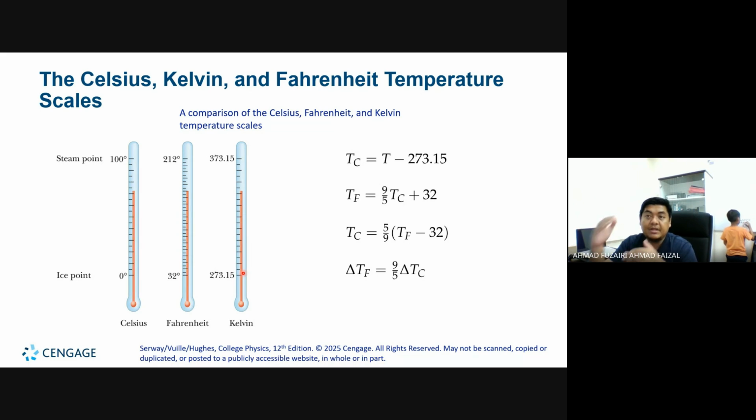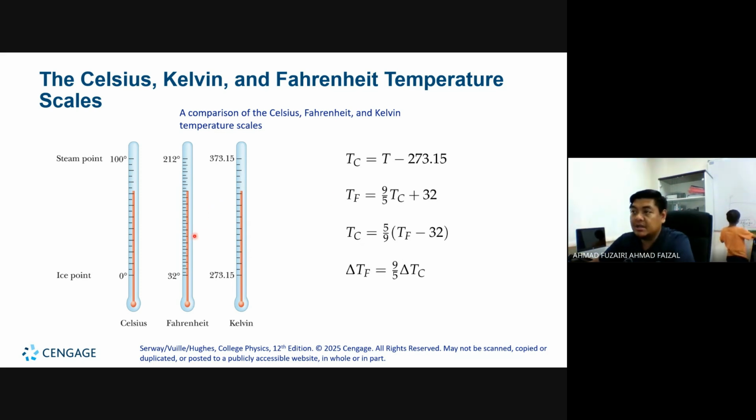So if you want to get from Celsius to Kelvin, you just add 273.15. If you want to convert from Celsius to Fahrenheit, you can use this equation: 9 over 5 times the temperature in Celsius plus 32, so you get the temperature in Fahrenheit. To convert from Fahrenheit to Celsius, we use 5 over 9 times the temperature in Fahrenheit minus 32, so you get the temperature in Celsius.